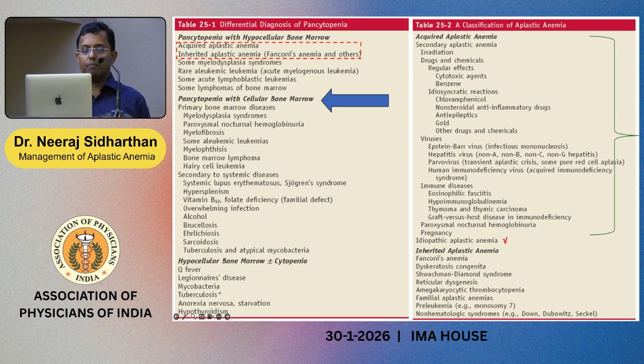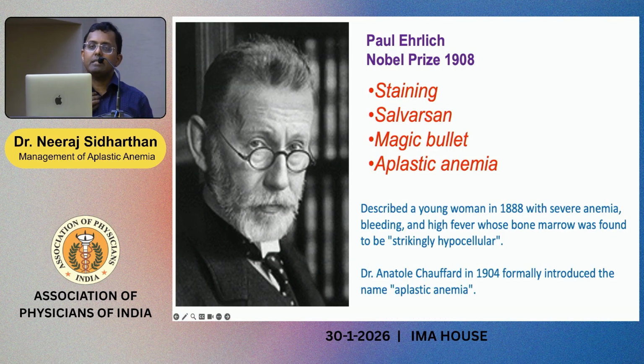So, yeah. If you take the history of aplastic anemia, it starts with this great man, Paul Ehrlich, and he discovered many things first, and he actually described a young woman with bleeding and fever, and the marrow was strikingly hypocellular.